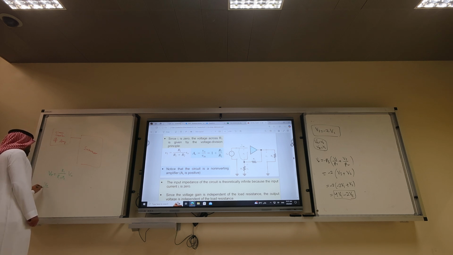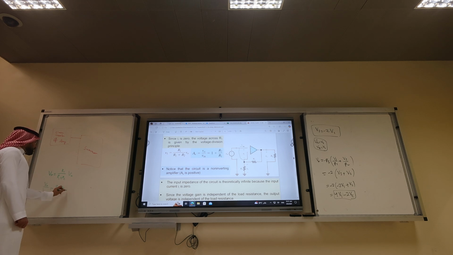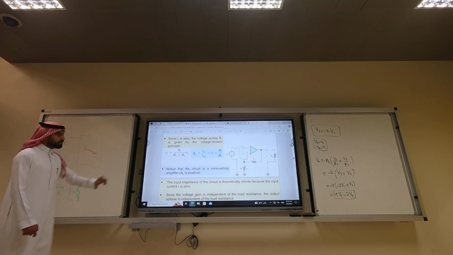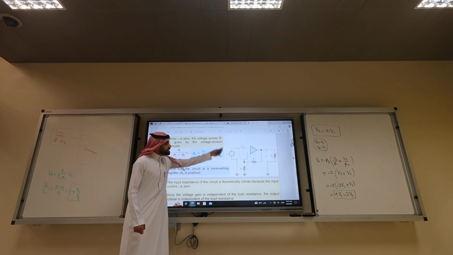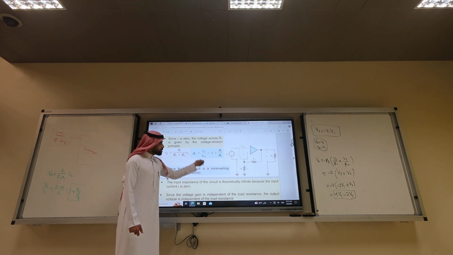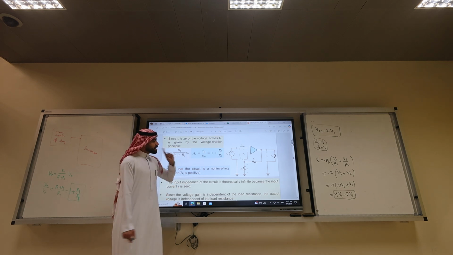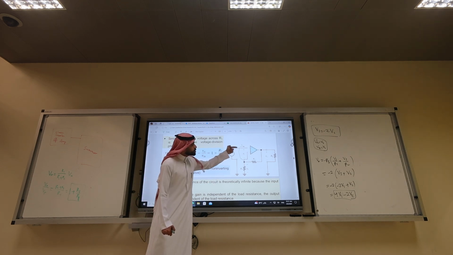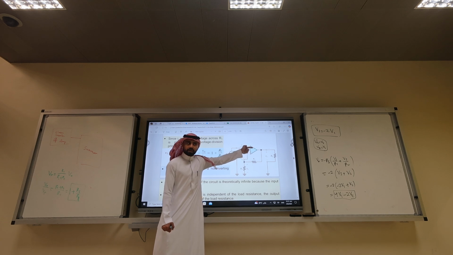So V output over V input equals R1 plus R2 over R1, which is 1 plus R2 over R1. And that is the gain equation. It is positive because the output doesn't have a negative sign. They are all in phase: V output and V input have the same sign. And it's a non-inverting amplifier because we're providing the input to the positive terminal.